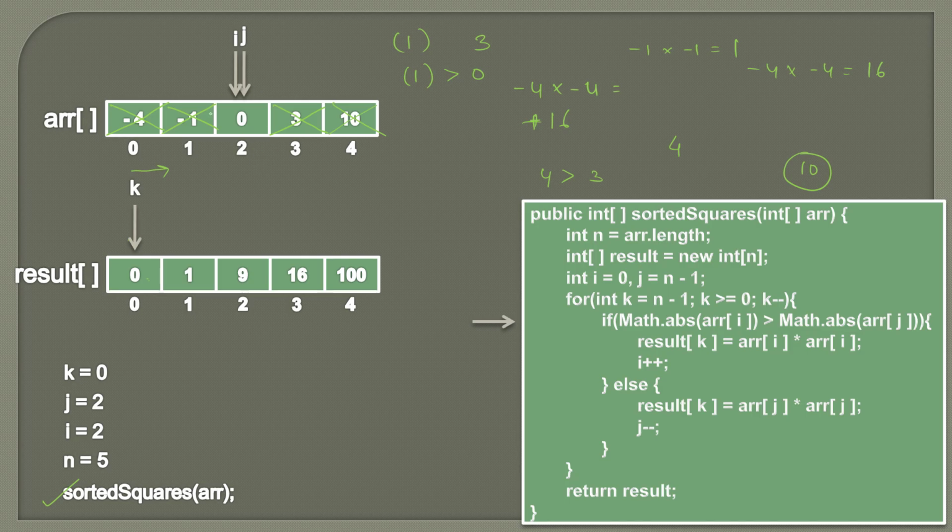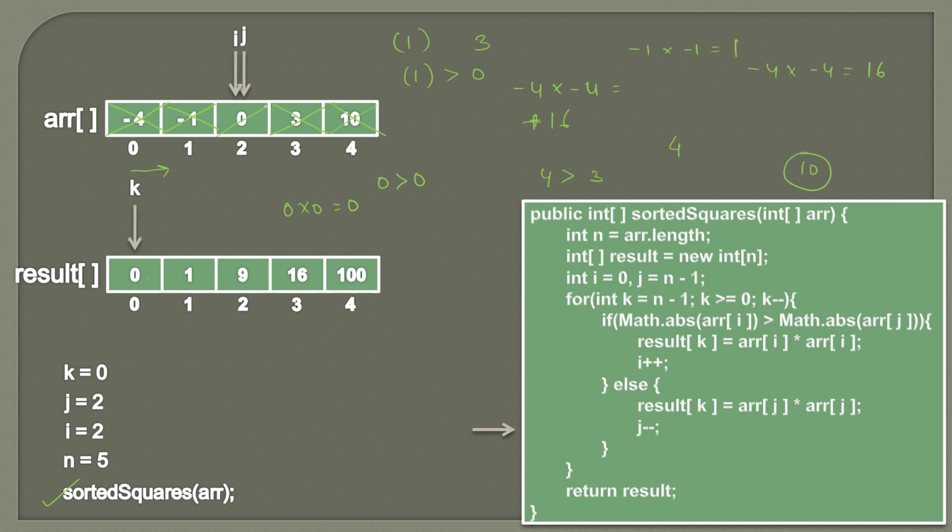And here we are left with only one element. So 0 is not greater than 0, because math.absolute value of 0 is 0. So this if block condition comes out to be false. And we simply assign 0 into 0, which is 0, to this spot. So it becomes 0.